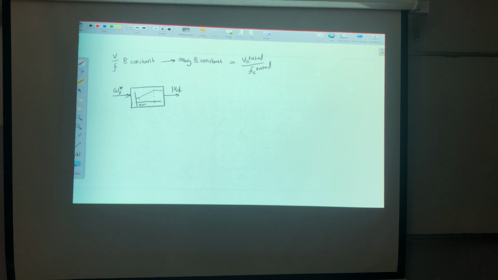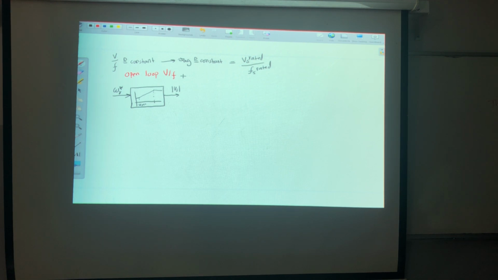Okay. So if I need to complete the reference, I need the angle. The only information I have here is omega r. Here I'm discussing the open loop V over F. If it is open loop, this means that I don't have any measurement, so I don't have any information.